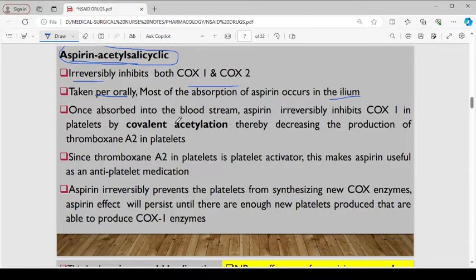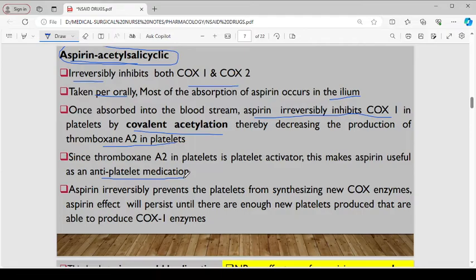Once absorbed into the bloodstream, aspirin irreversibly inhibits COX-1 in the platelets by covalent acetylation, thereby decreasing the production of thromboxane A2 in platelets. Since thromboxane A2 is a platelet activator, this makes aspirin very useful as an antiplatelet medication.